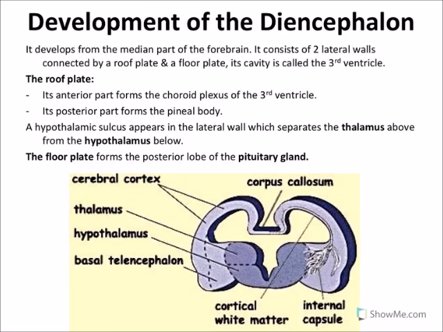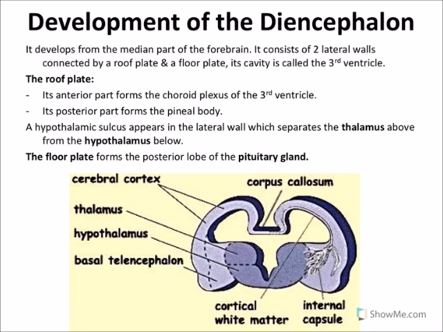Now we will move to the development of the diencephalon. The diencephalon is developed from the median vesicle between the two telencephalic vesicles, which are all developed from the prosencephalon.